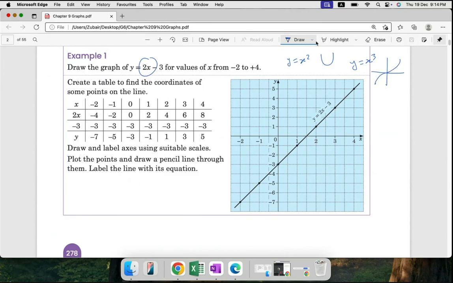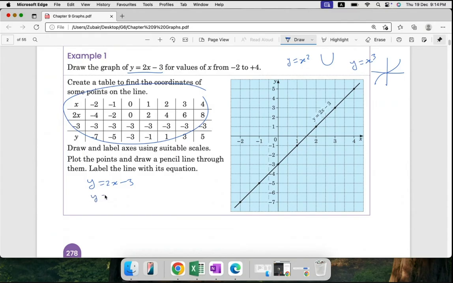So for now, we're talking about the linear equation, and we can always have a table. It is not necessary that we make many values. Two are enough for straight line. For example, this is y is equals to 2x minus 3. Let me say I'm using x0.